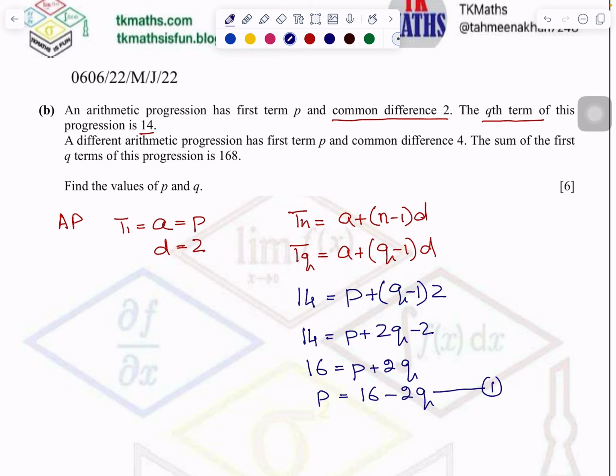The second line of the question is saying a different arithmetic progression. So let me change the color.